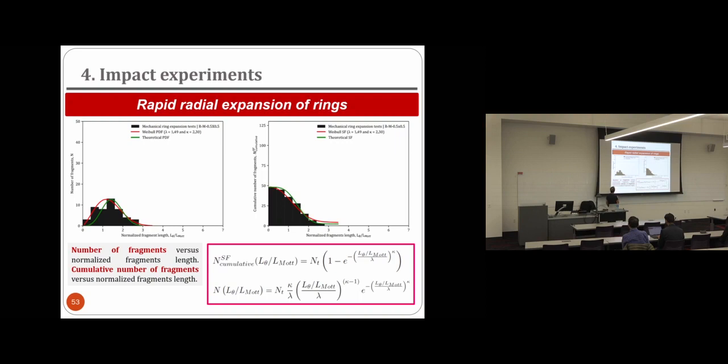We were able to obtain these beautiful plots where in red we have a fitting of the distribution, but in green it is just prediction by mode theory. So you can see that the prediction of mode theory is pretty nice and gives us a very nice idea about the distribution of fragment sizes.